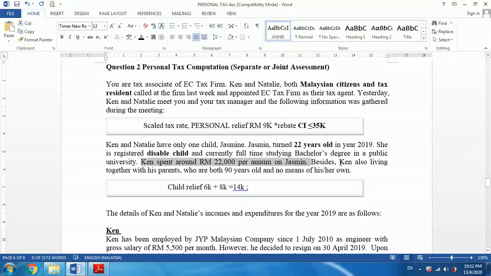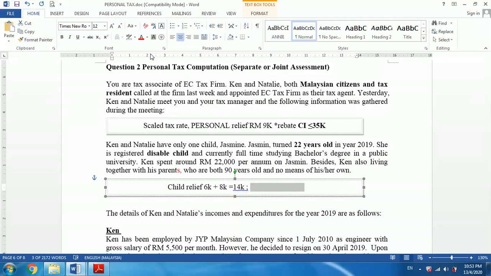Next, Ken is also living together with his parents. Please notice there's an S over here. Both are also 90 years old and have no means of their own. Since the parents, both father and mother, are more than 60 years old and the annual income I believe is below 24,000, in such a case there will be a parental relief of 3K.